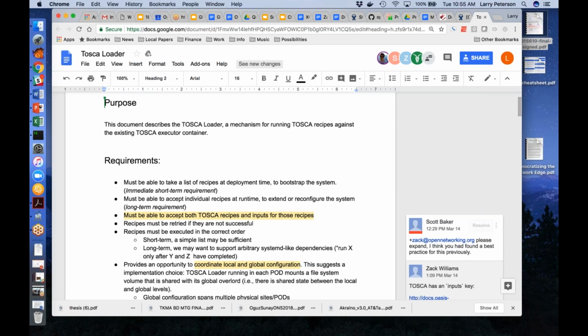If you took this from 1 to 10, and the simple thing we have today is a 1, what would 2 be? I think 2 would be something that has persistent state and would remember what recipes it already ran and allow you to add new ones. And sometimes you need to force the rerun of a recipe if some state got munged.